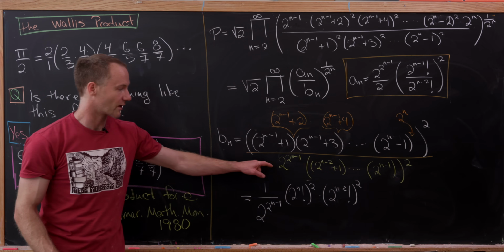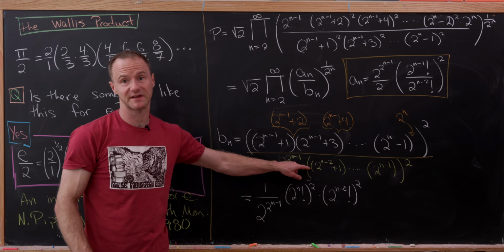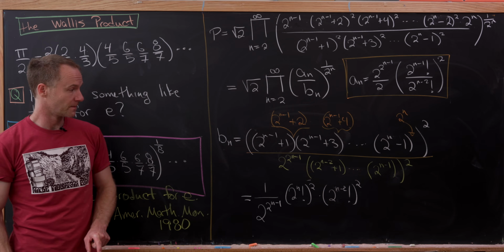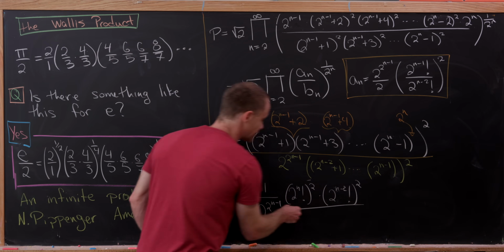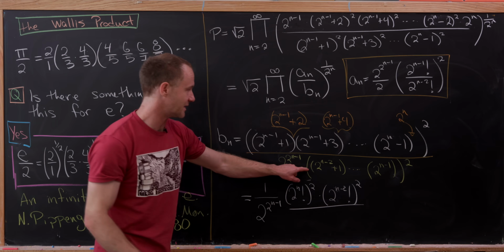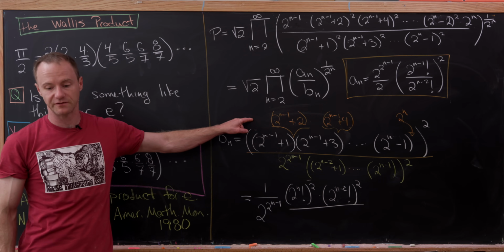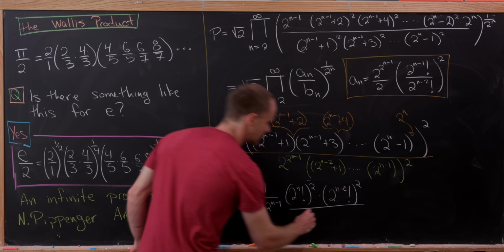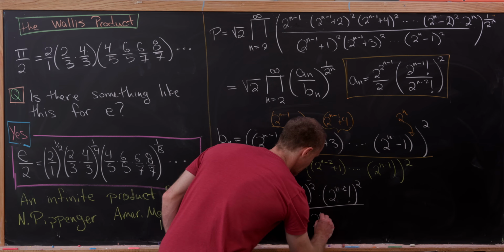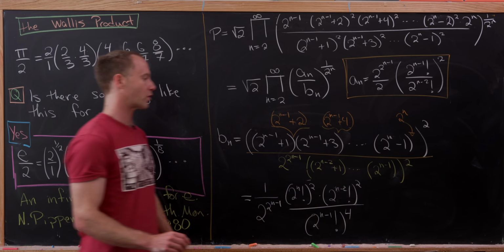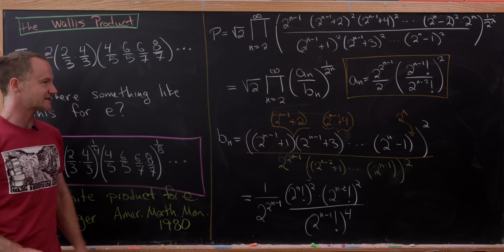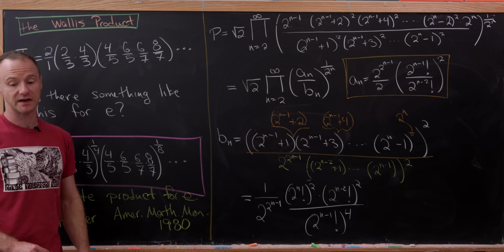That'll be as like a correction for the completion of the product that's happening in the denominator. But then the completion of the product that's happening in the denominator, together with the correction of what we have in the numerator, will leave us with 2 to the n minus 1 factorial, all raised to the 4th power. So we've got something like that for our b sub n term.